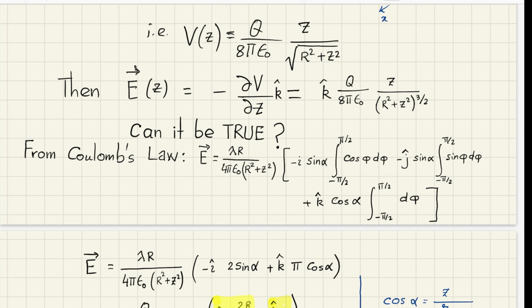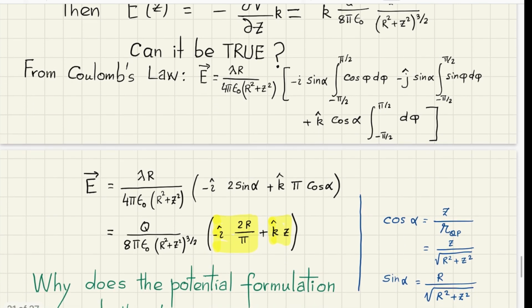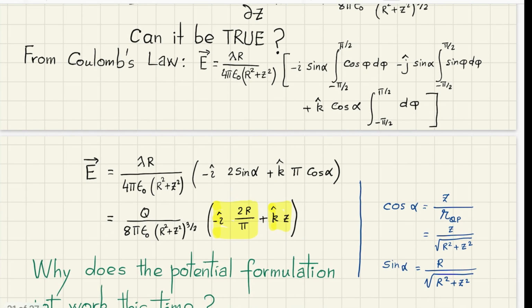So just by looking at V as a function of Z on the axis, you cannot get E. Because of this, you need to get V for any arbitrary point, then calculate grad, and then see for any specific direction or point. So that's the point that I wanted to make. This is why the potential formulation does not work in this particular case.